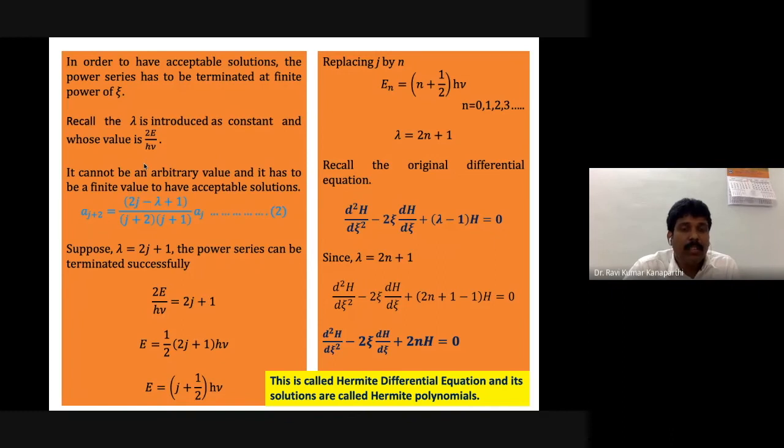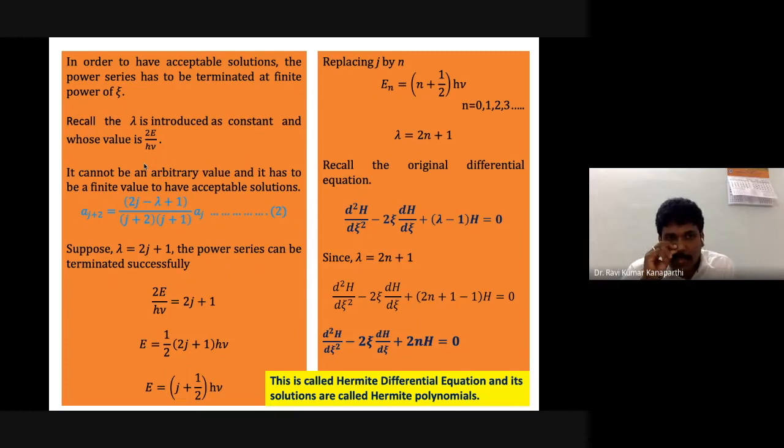Other than that, we didn't discuss much about lambda. Now, if it is some arbitrary value, then the power series continues. So based on the lambda value, one can terminate the power series.